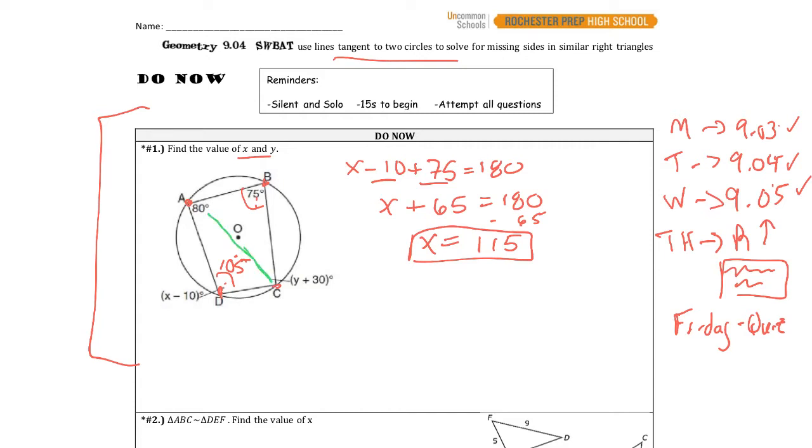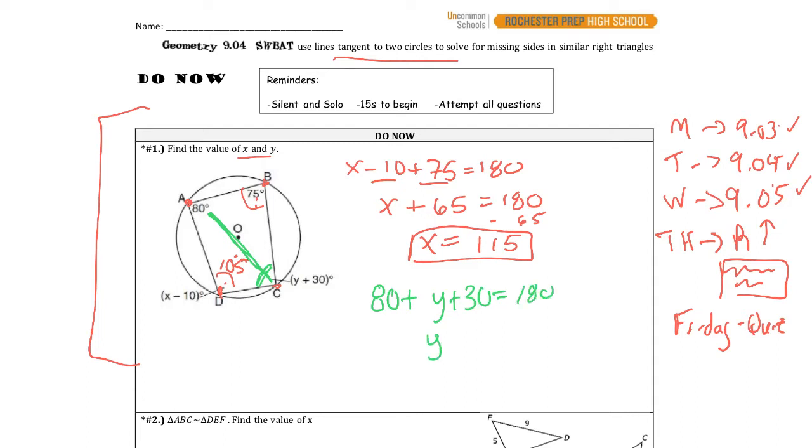Now, same thing for the other two. Angle A and angle C are across from each other, so they also add up to 180. So honestly, I could do this one in my head because I see an 80. Angle C is going to be 100. So I could set 100 equal to y plus 30, but I'll just do the whole equation so we get used to it. So 80 plus y plus 30, the two angles across from each other, equal 180.